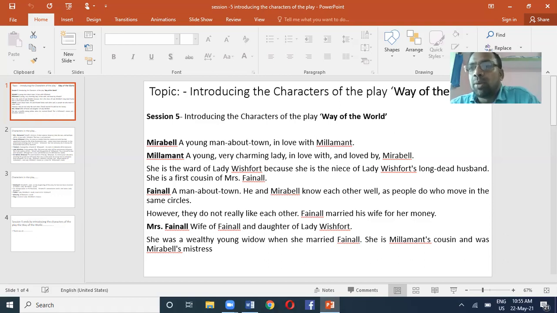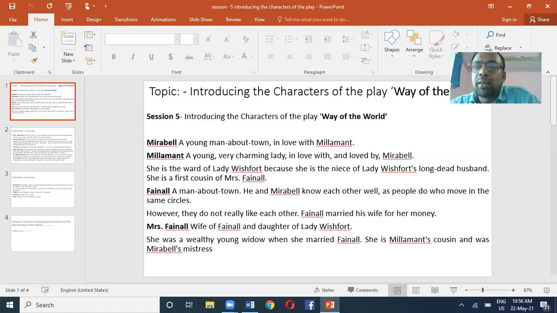He knows all the fashionable ways of the world. He was in touch with urbanity. He was a man of passions and love. He was in love with Millamant. The play begins with Mirabel and Millamant. They used to exchange their love. With that love scene, the play begins. Then that I will tell you later.